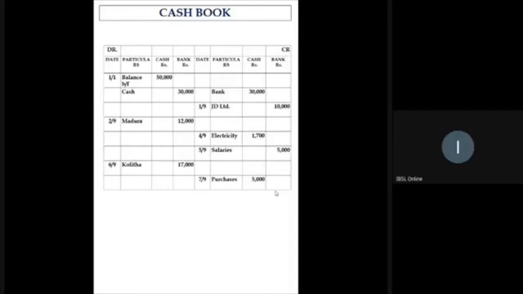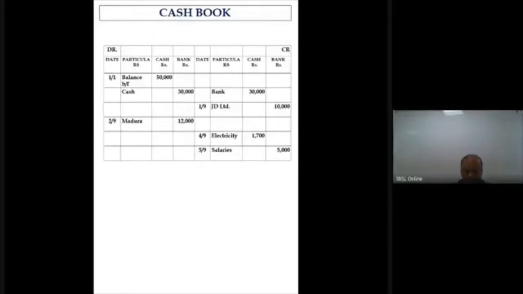Then the transaction that I mentioned on 10th of September. The last transaction that we did was purchase goods, 5,000, that is for purchases.